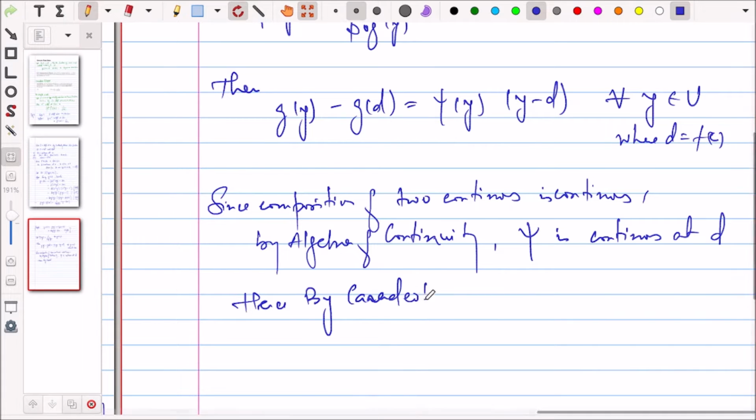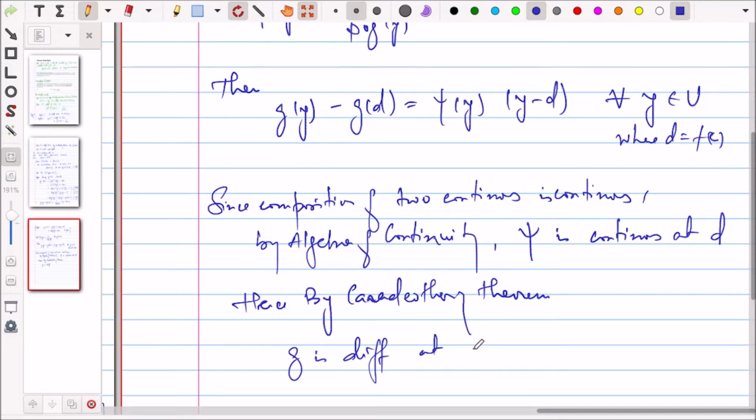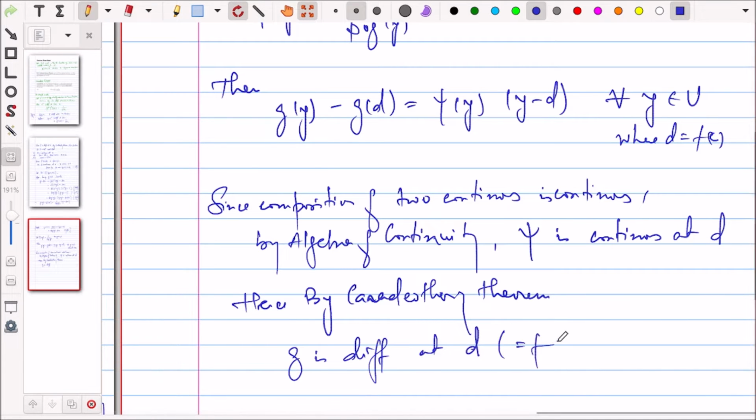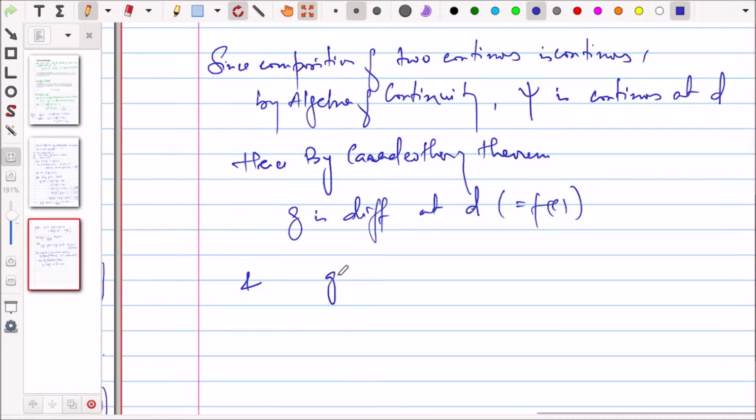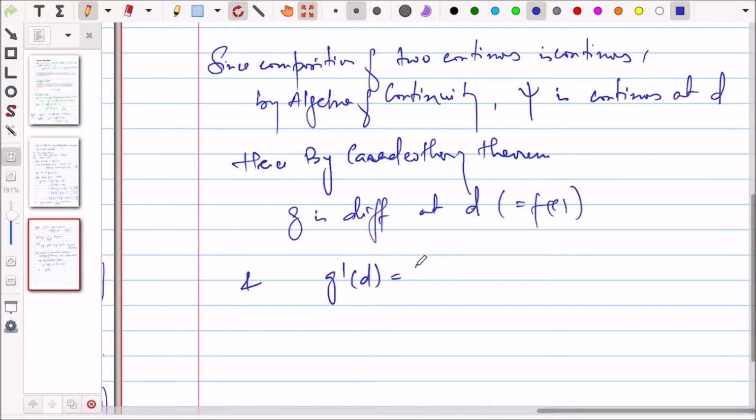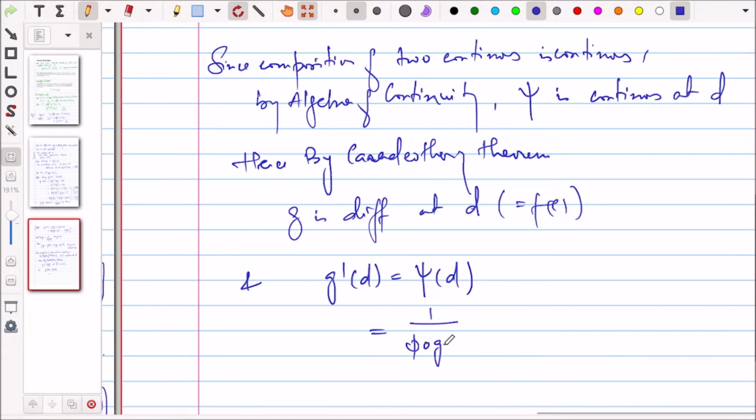So by characteristic theorem, g is differentiable at fc, which is d equal to fc, and g dash d is equal to psi of d, right? And psi of d is 1 by phi of gd.